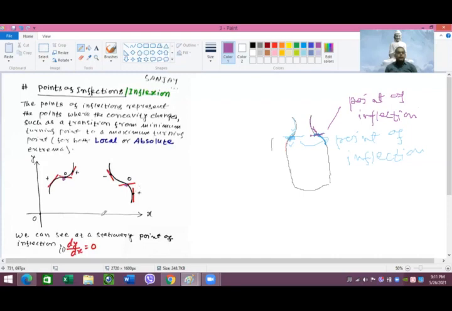At the point of inflection, your first order derivative is 0, and hence if you find the second order derivative, that means d/dx of dy/dx, it is d(0)/dx, which is again 0.